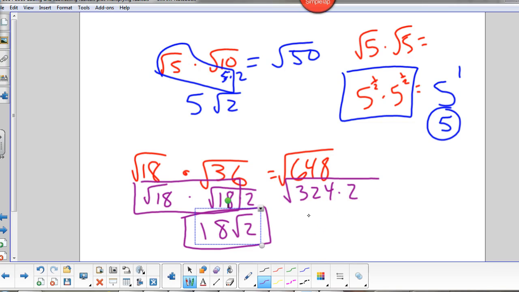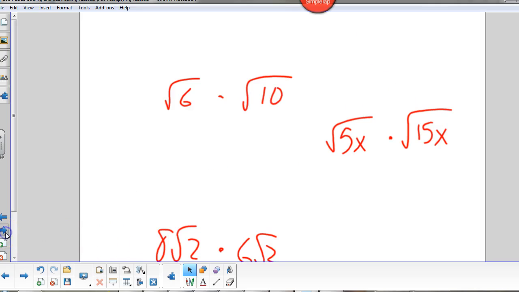Now, maybe I didn't know that. Maybe I did know that. I might divide it by 4, I might divide it by 16, depending on what I can. But square root of 324 is 18. This is the easier way to see it, right? The easier way to see it is to see the pair of 18s in there. The square root of 18 times the square root of 18 would become the whole number 18.